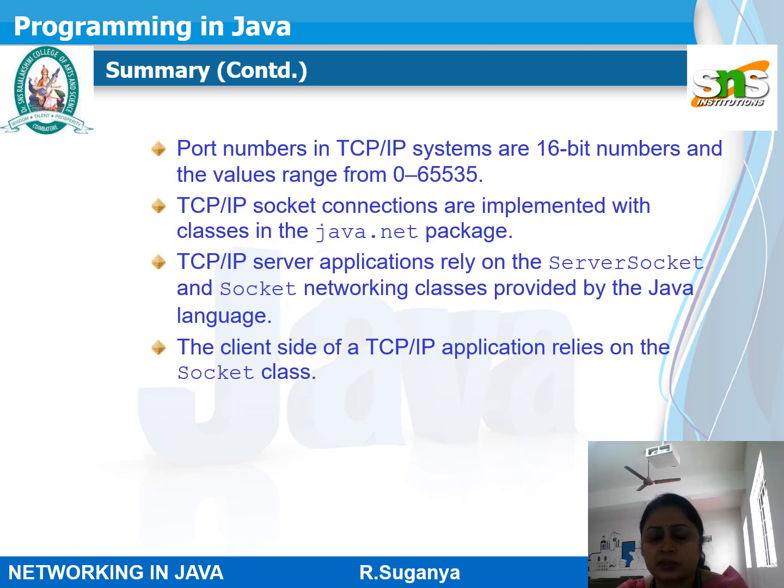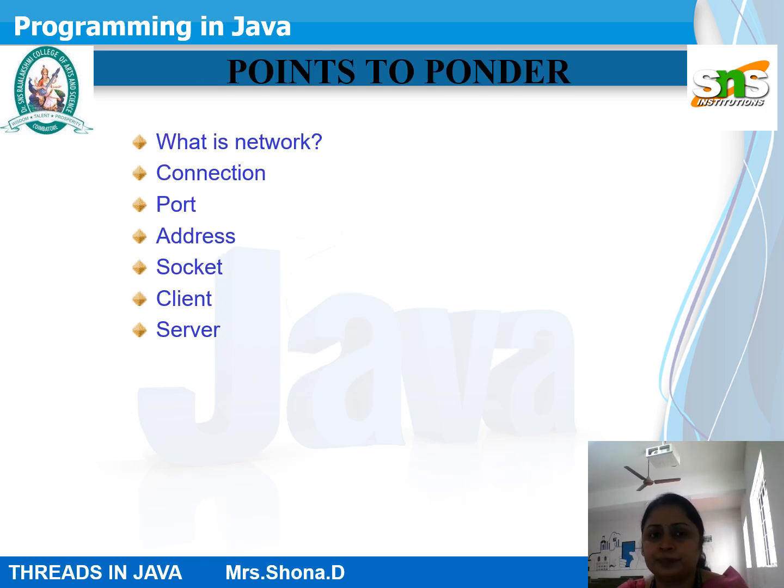Port numbers vary depending upon the domain. We always start with the package java.net. We'll be using the ServerSocket class for the server, and the Socket class for the client. So here we have learned about the network, the connection, ports, addresses, socket, client and servers.